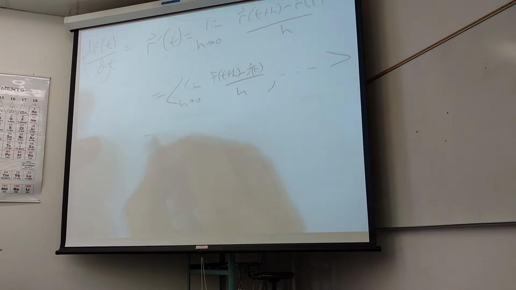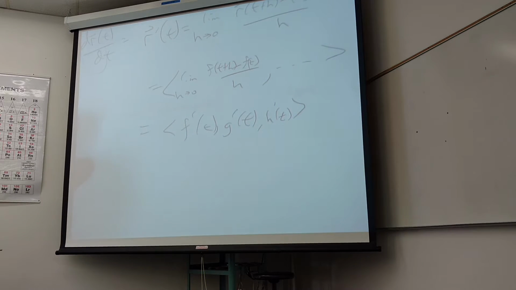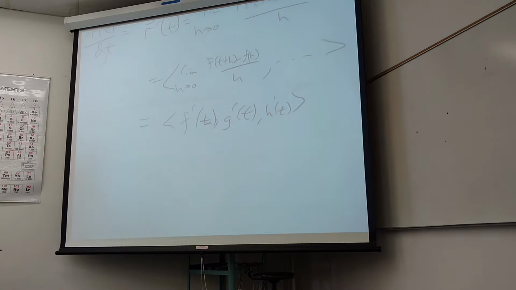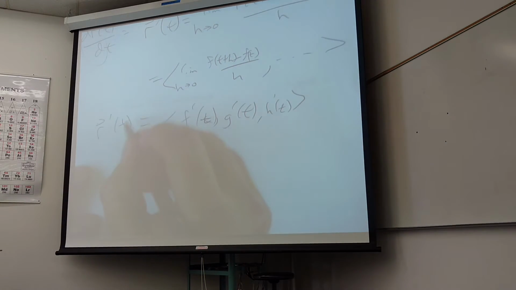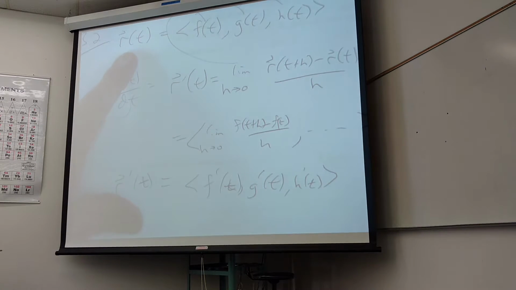So that's just equal to f prime, comma, g prime, and so on. Oh, forget it. All right, a few years away from total not being able to write at all. Okay. So that's the derivative of a vector function. What would that be, obviously, if this was a position function of some particle?